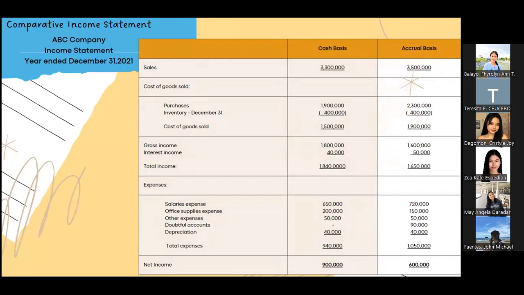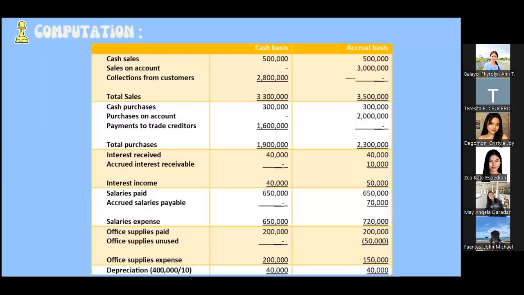Cost of goods sold. For purchases under cash basis, we have here cash purchases of 300,000 plus payments to trade creditors of 1,600,000 with a total purchases of 1,900,000.